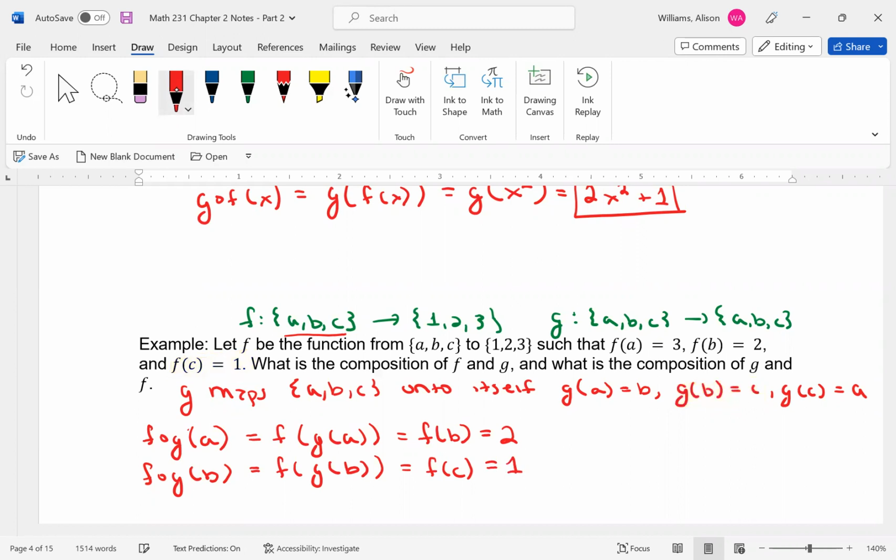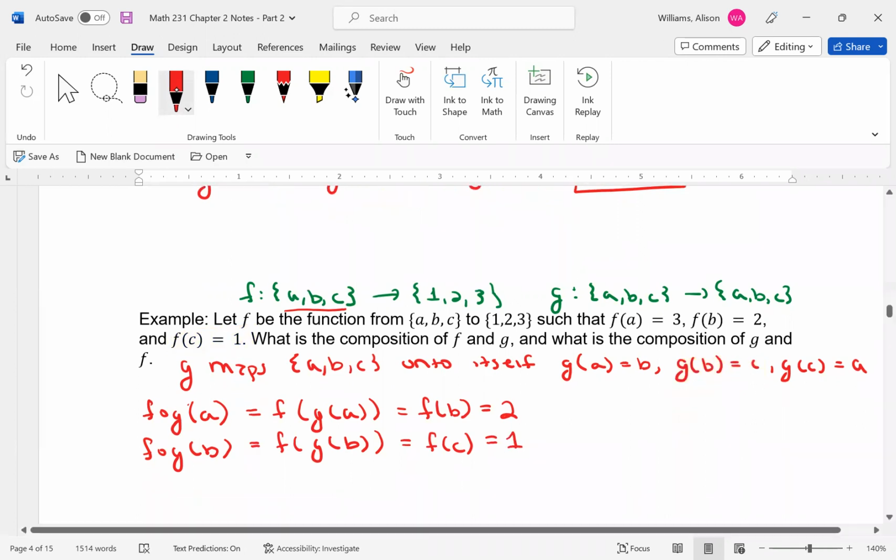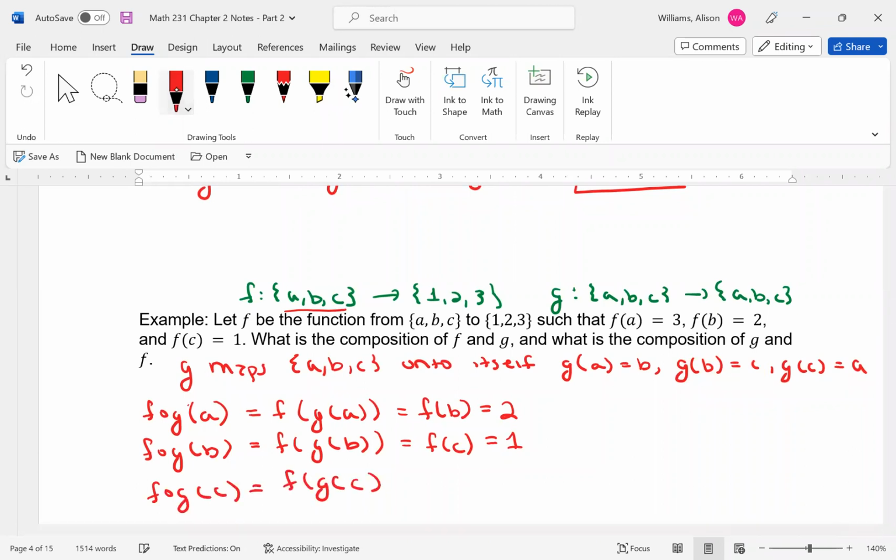Okay, do it again, this time for C. F of G of C equals, okay, so G of C, last one, is A, and F of A is 3. So this thing equals 3. Okay, so there we did it. We did the composition of F composed of G. This all makes up F composed of G.